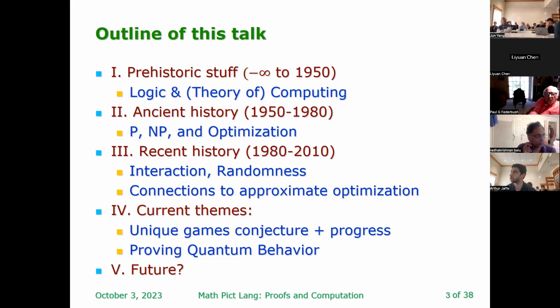The ancient history to me is the period from 1950 to roughly 1980. Recent history is roughly 1980 to 2010. And then I'll also talk about ongoing themes, which maybe even relate physics to math, computing and proofs, and maybe even the future.